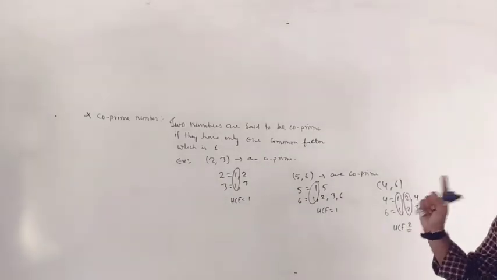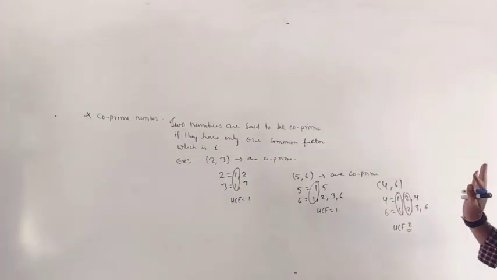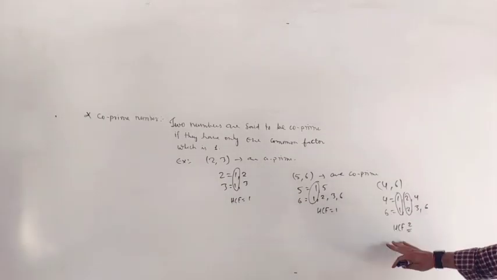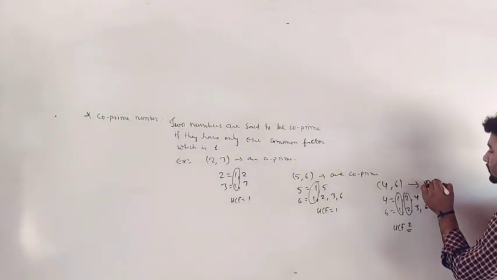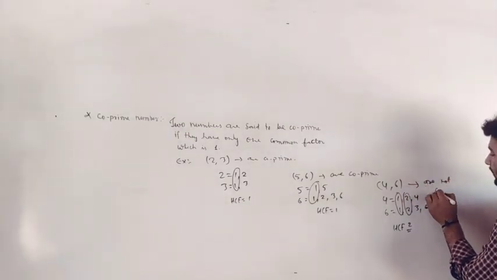If the HCF is not 1, then it is not coprime. So 4 and 6 are not coprime.